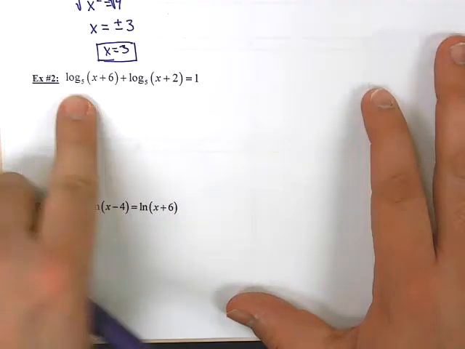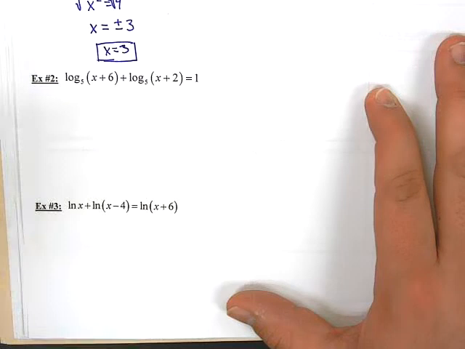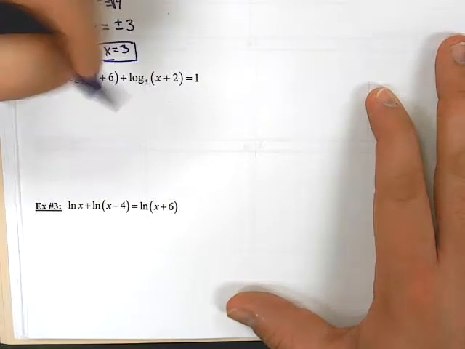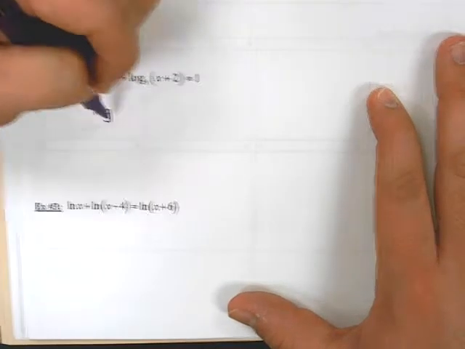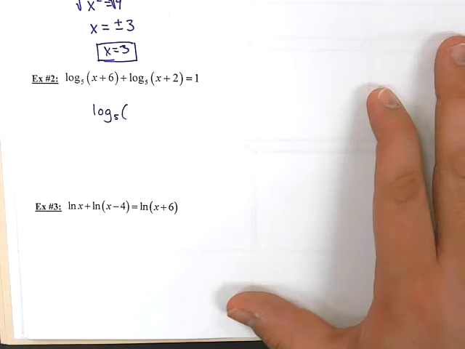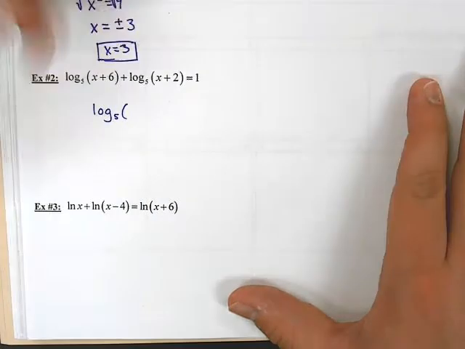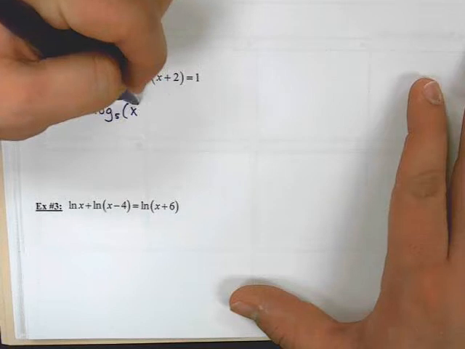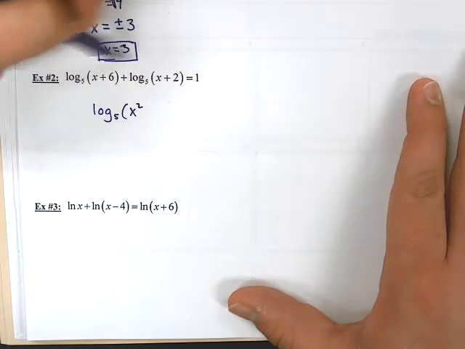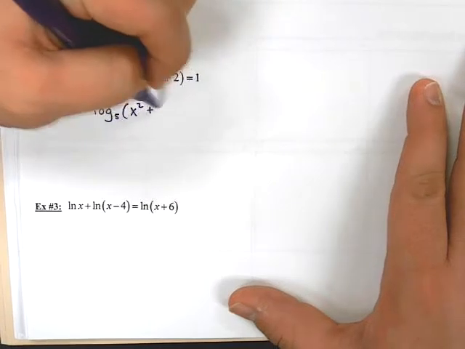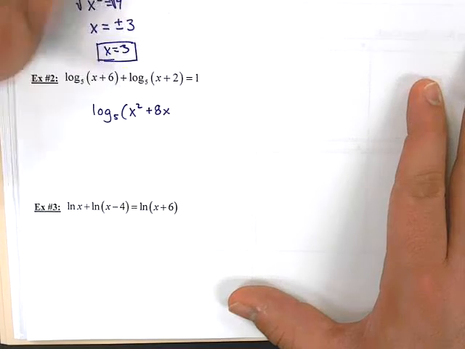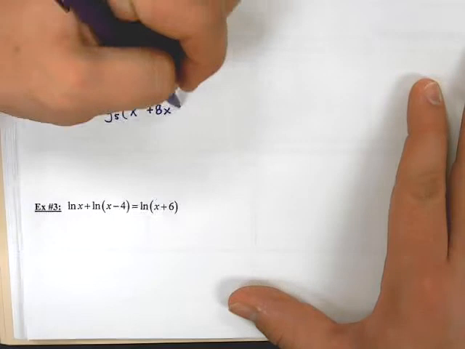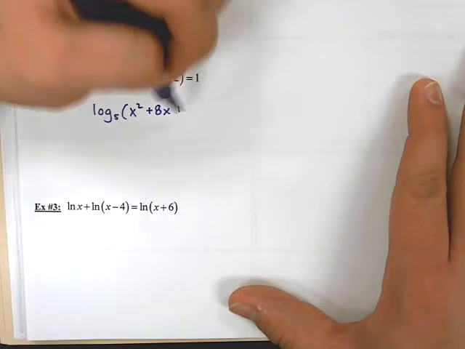I see two different logs separated by addition, so I know that I can multiply the arguments together. So let's do that. X times x is x squared. X times 2 is positive 2. 6 times x is positive 6, so plus 8x. And lastly, 6 times 2 is 12.